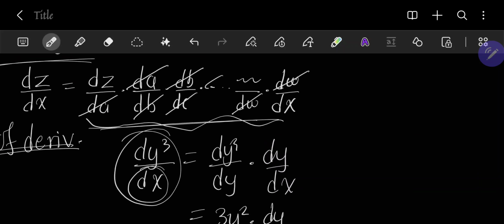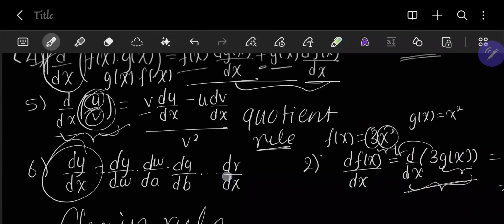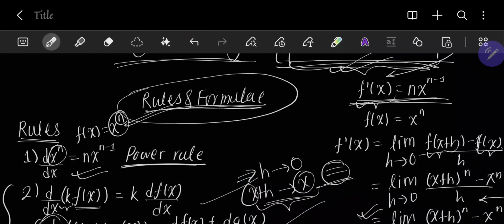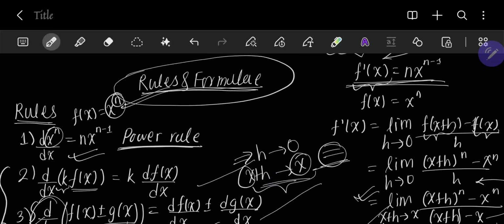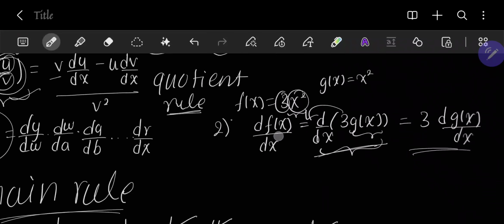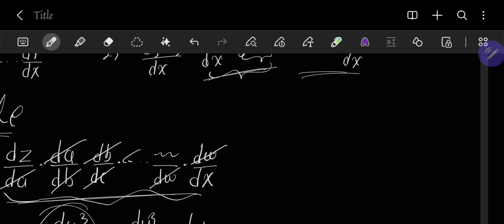So that was the use of the chain rule, and these are pretty much the most elementary rules that you need to know in order to understand differential calculus properly. These are just the basic rules. Everything that you do in calculus is built upon these rules.